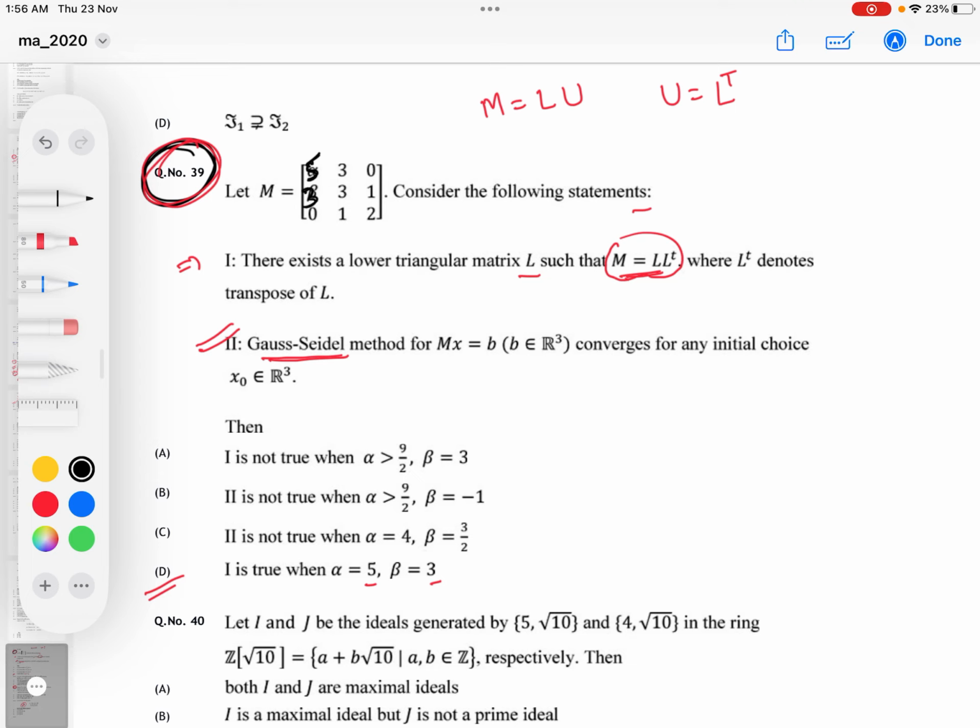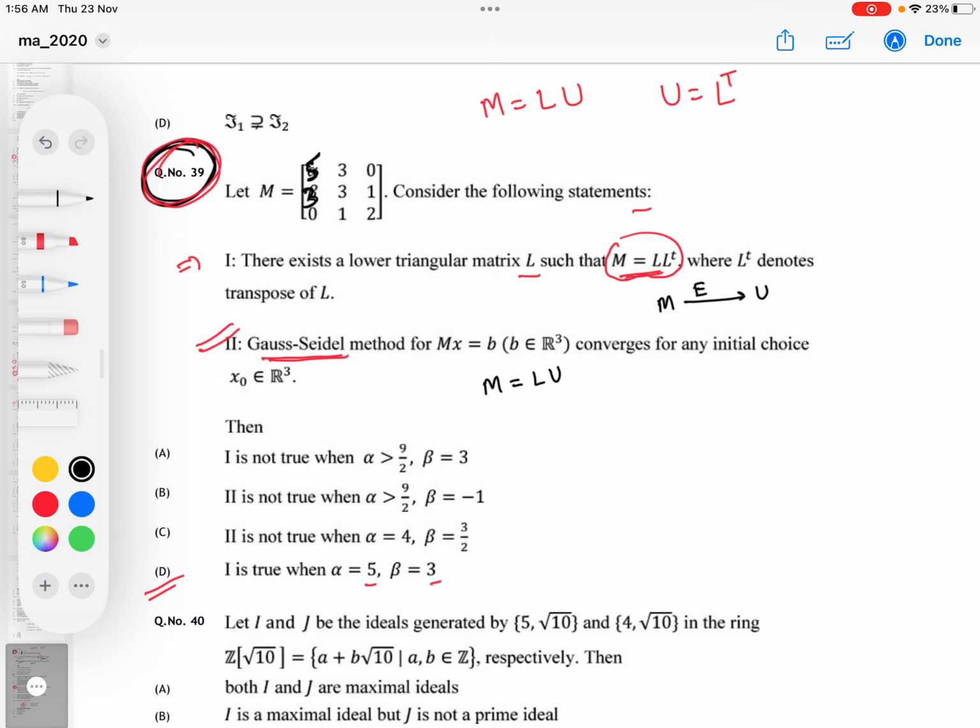Now first of all, we are going to decompose this matrix into L into U. First we are going to apply the elimination, and we are going to get this upper triangular matrix.